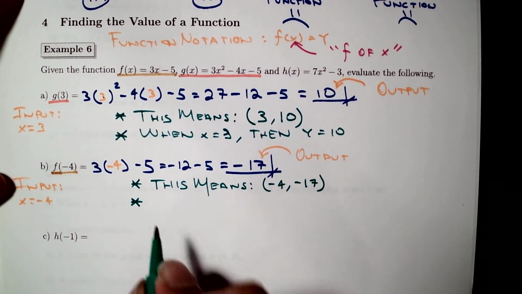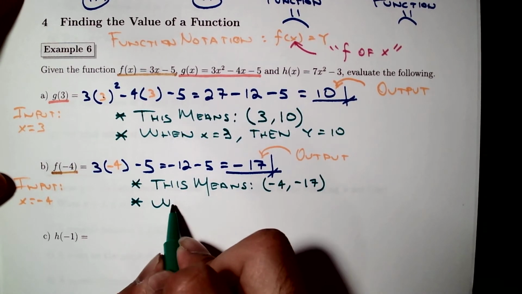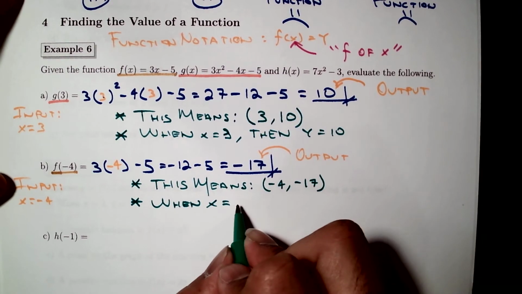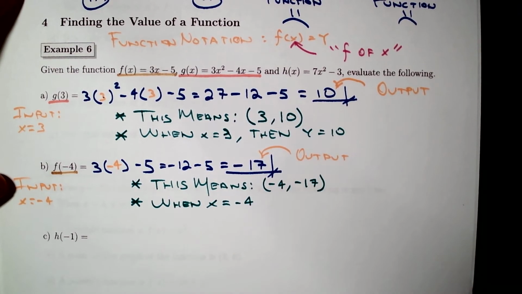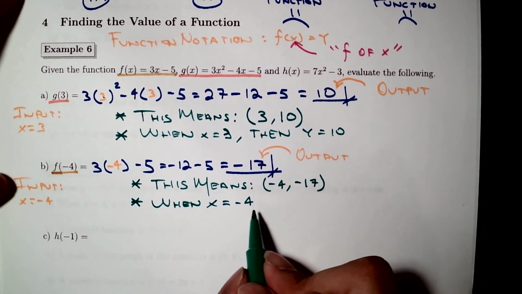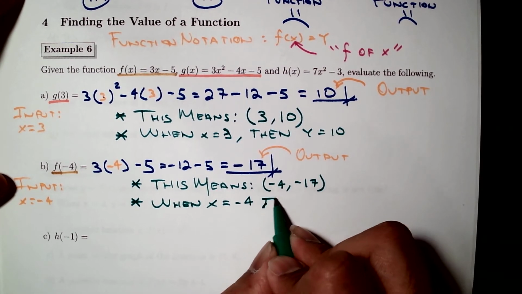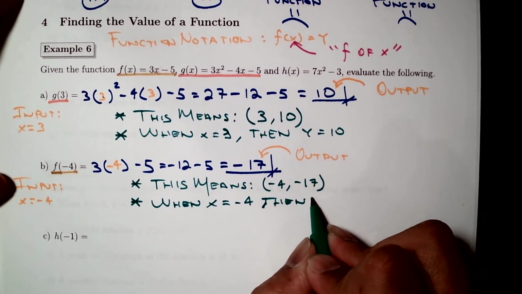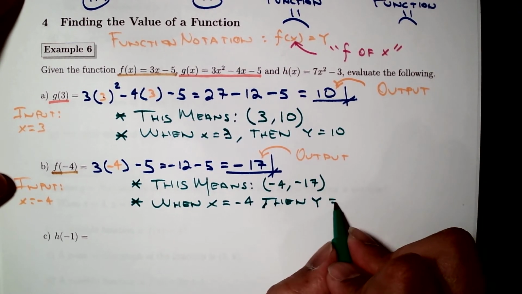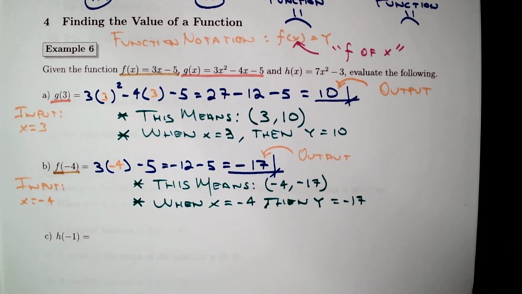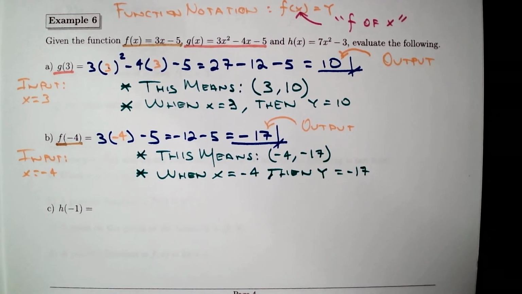And on the other hand, when x equals -4, then y equals -17. That's what it means. Let's look at the third example right here.